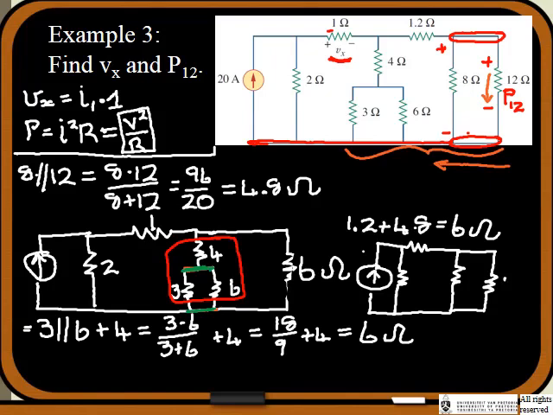Right, so we've got 6 there now, we've got 6 in that branch, we still have 1 ohm over there, 2 ohms and the 20 amps source still. Almost there. Next thing that we can simplify is now the parallel combination of the 6 and the 6.